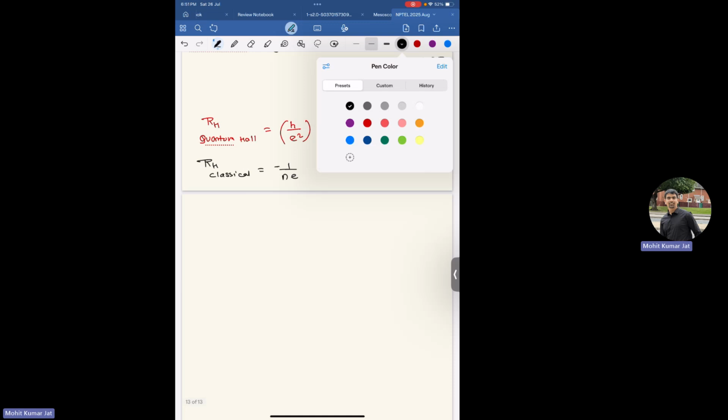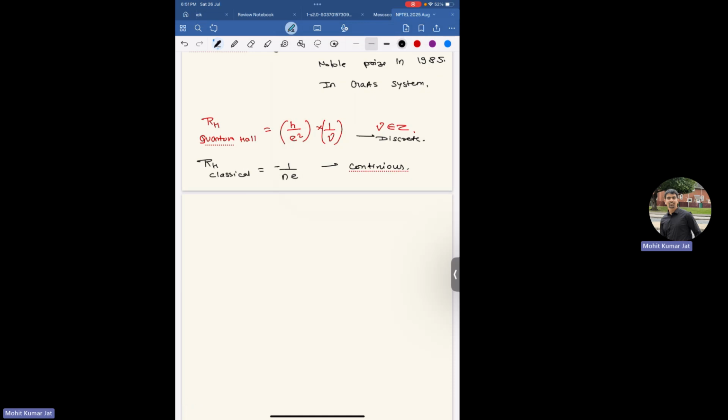So what is the phenomenon behind it? You have this two-dimensional electron gas. Again, it has to be a two-dimensional system.